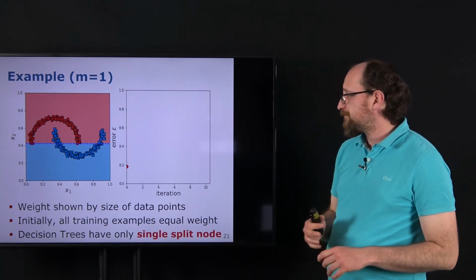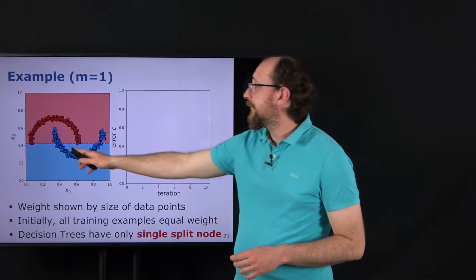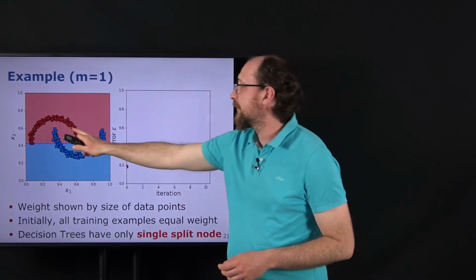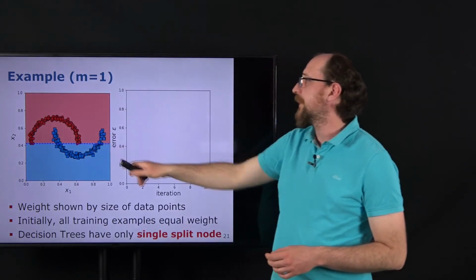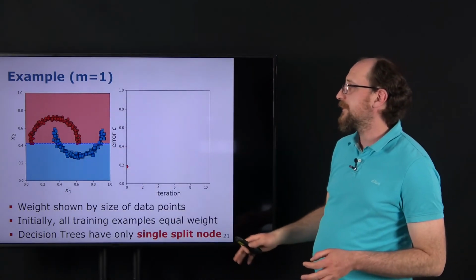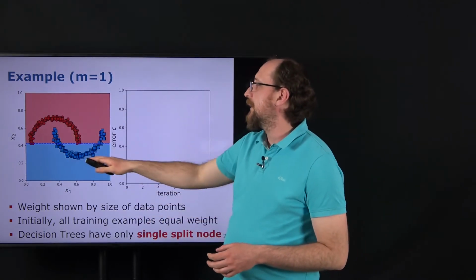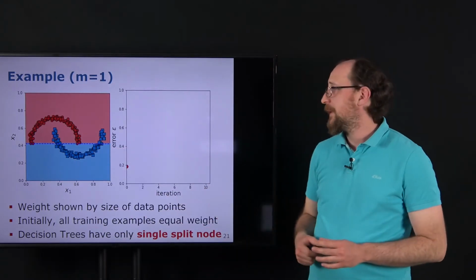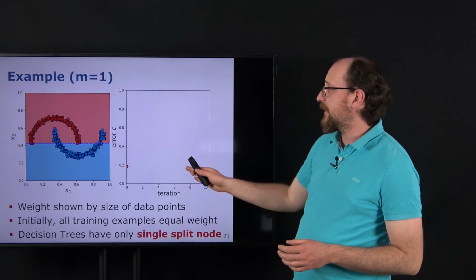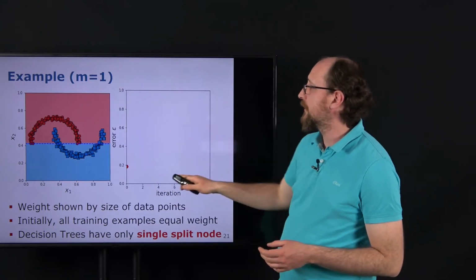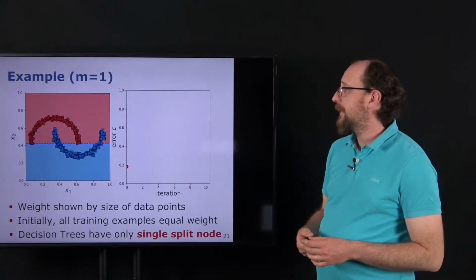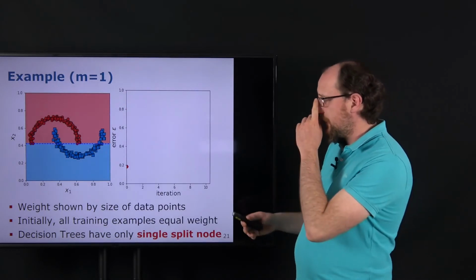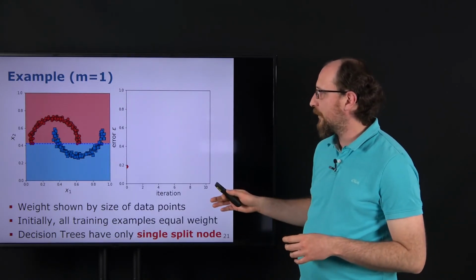And in the beginning you see the size of the points will change. In the beginning all the examples have the same size, so that means they have equal weight. And on the right side, you will see the error. It's just the unweighted error, to make it comparable.